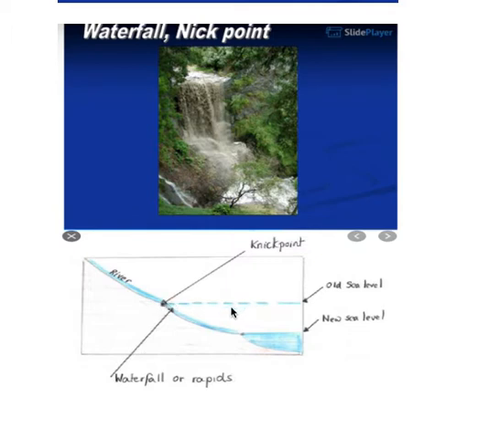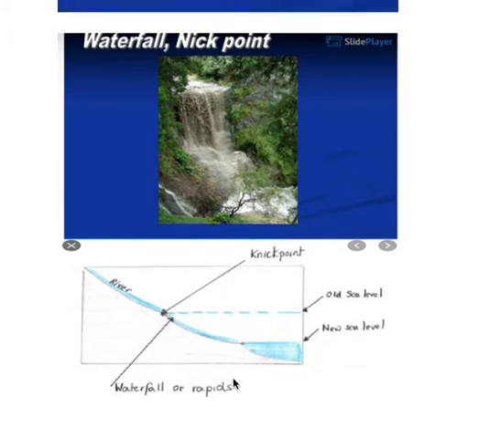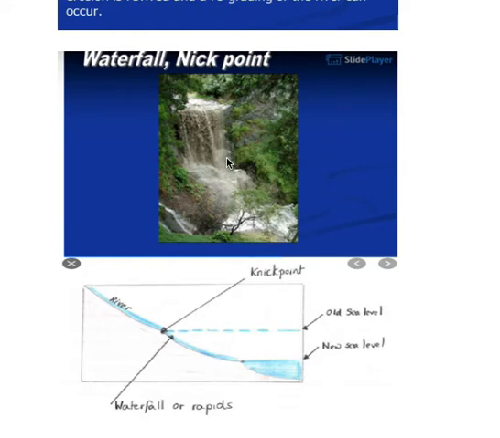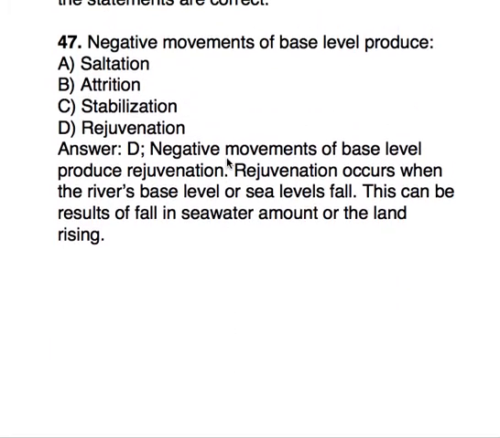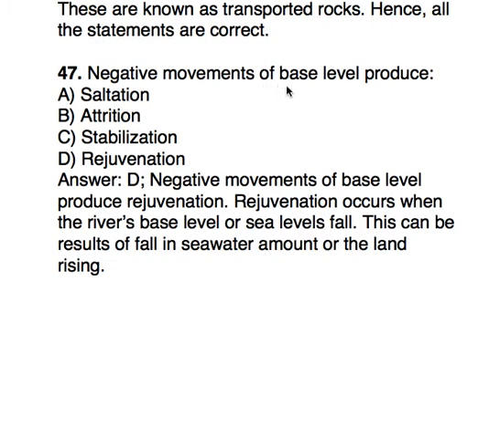But when the sea level decreases, that is negative, and comes to here after some period of time, then this space will create potential for the river to erode once again, and this point will be known as a knickpoint, or that will form a waterfall or rapids, as we can see from this image. So our question was: negative movements of base level produce rejuvenation.